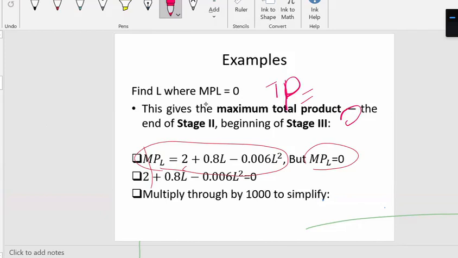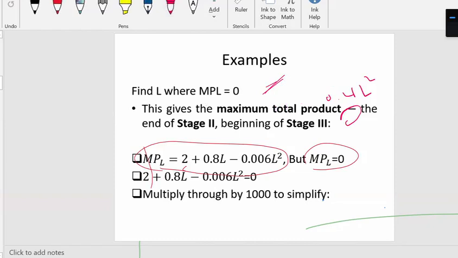So I have seen my slide here. The total product we were given, you can just take it. It was 2L plus 0.4L square. Let me write it properly. I will update these points here.